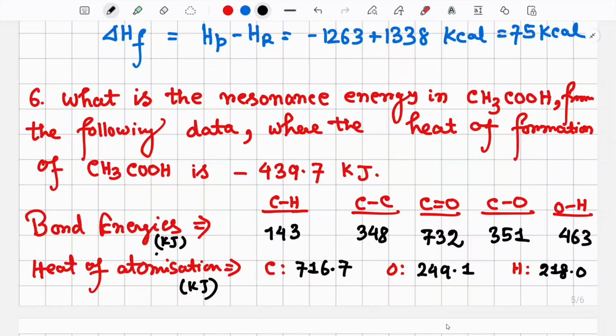What is the answer you are getting? Minus 480.6 kilojoule.